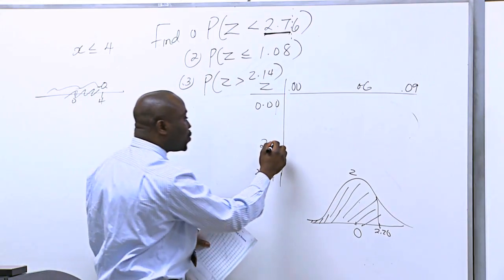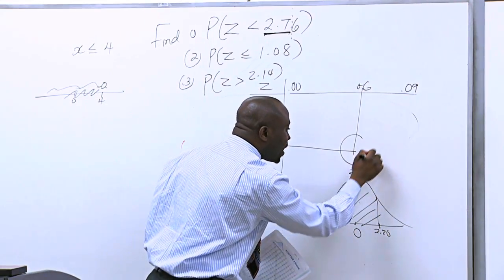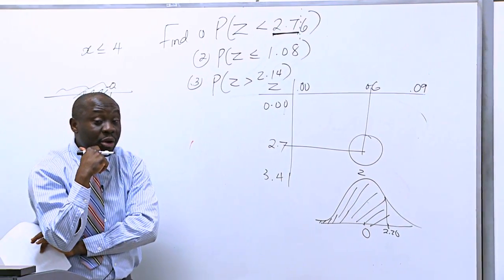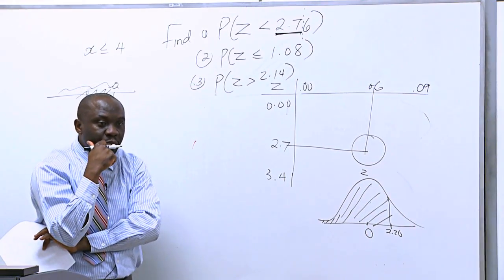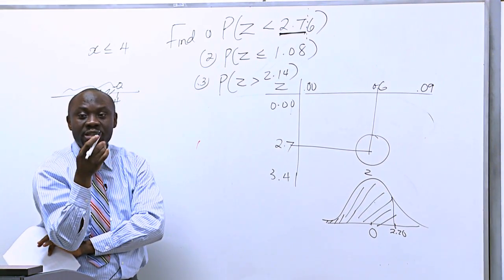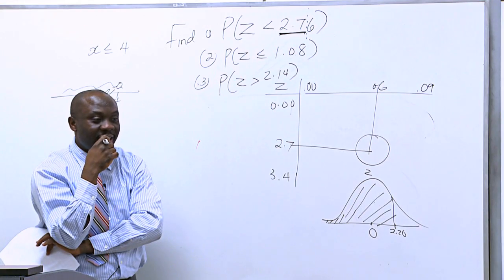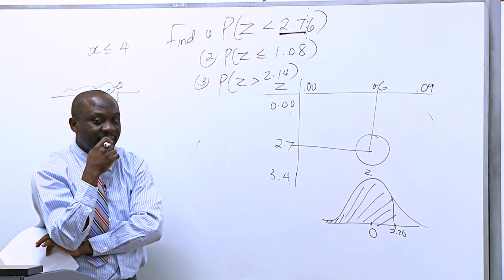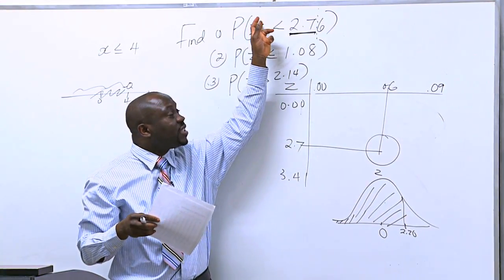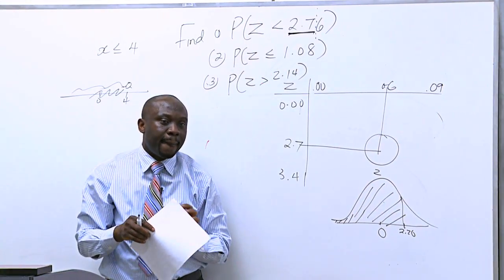That's how you split it. So you read it, and I believe you can tell me what number you find there. 0.9971. Do you all find 9971 on the table? Go to the table. You haven't checked the table, so you don't say no. So that is the probability associated with that.